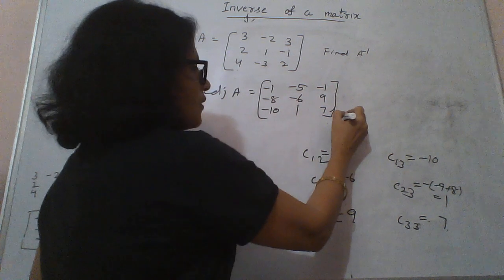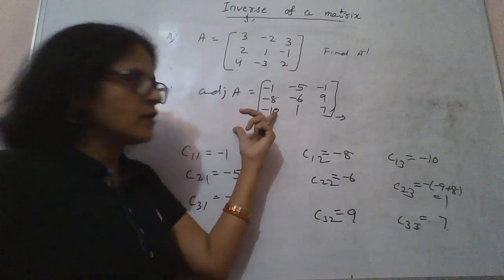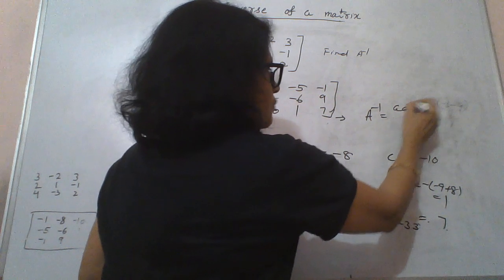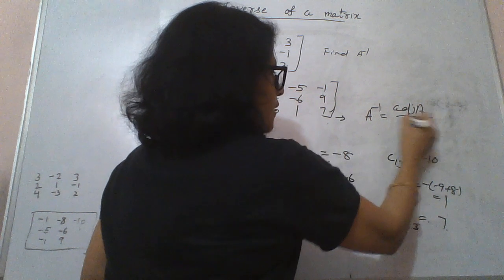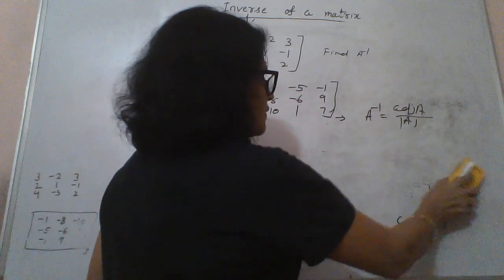So after getting the adjoint of A, and also we already have the determinant of A, A inverse will be adjoint of A by determinant of A. So in that way, our A inverse is what?